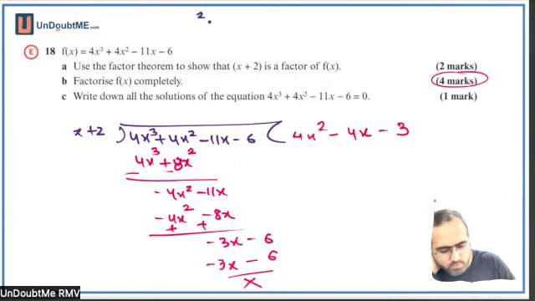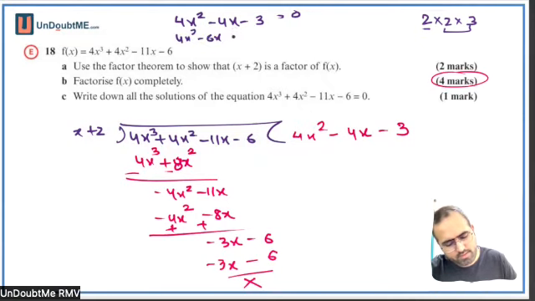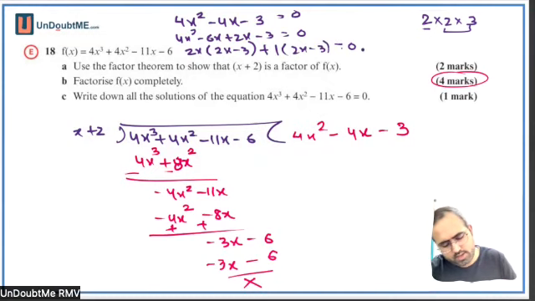So 4x squared minus 4x minus 3 is equal to 0. 2, 2, 3, 6, and 2. So 4x squared minus 6x plus 2x minus 3 is equal to 0. 2x common, 2x minus 3 plus 1 common, 2x minus 3.